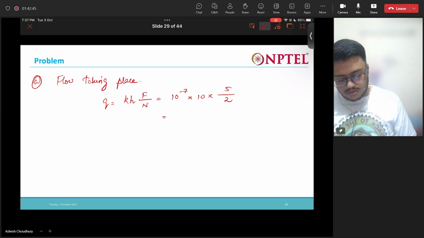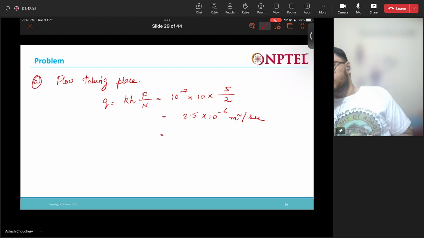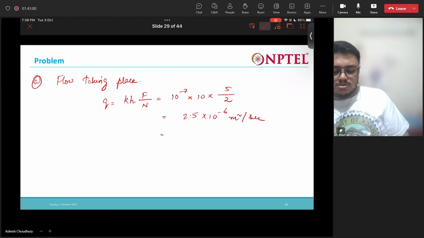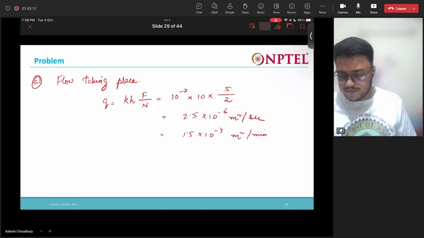This is in meter square per second, but if you want it in meter square per minute, we multiply by 60, giving 1.5 into 10 to the power minus 4 meter square per minute.